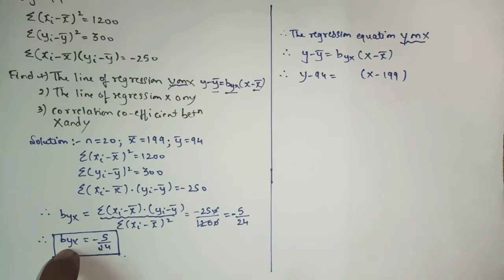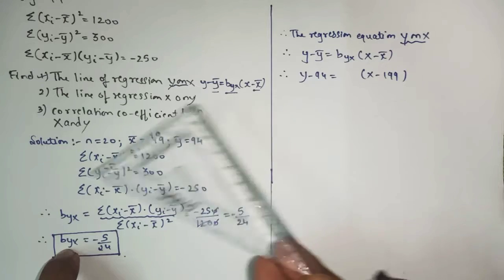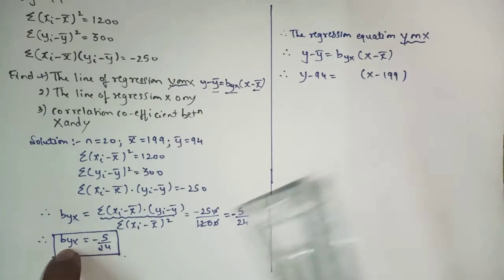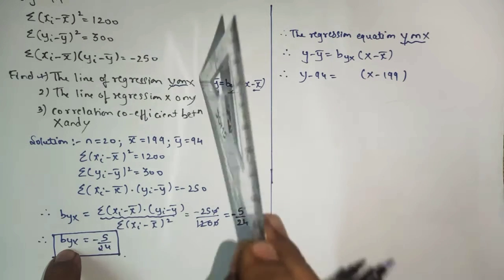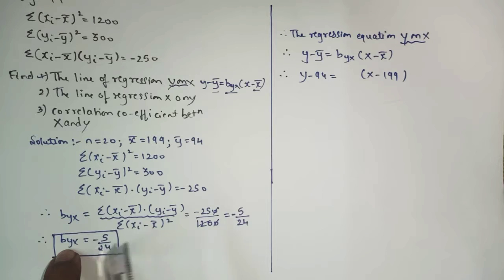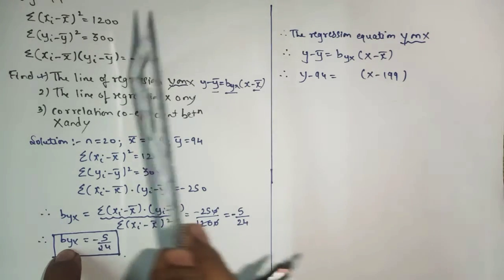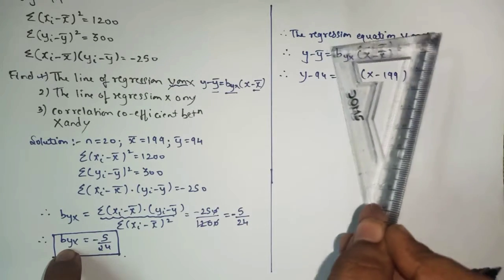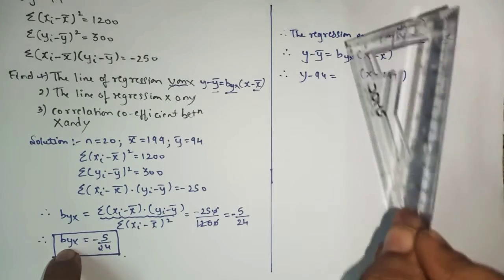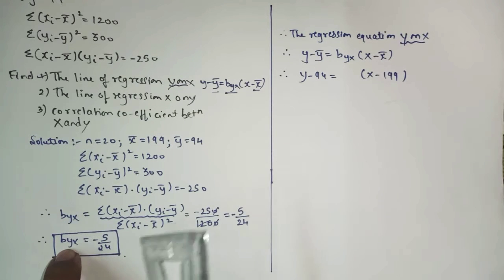So the marks are for the first part, the regression equation y on x, not for byx.